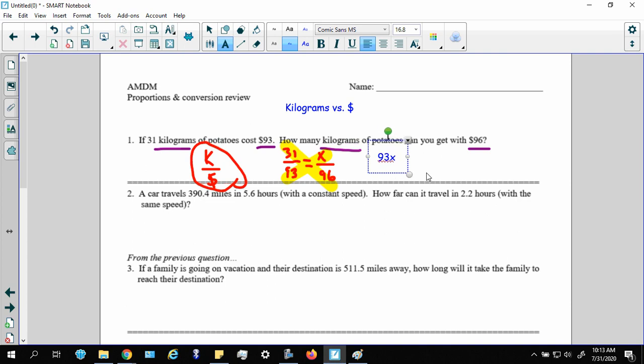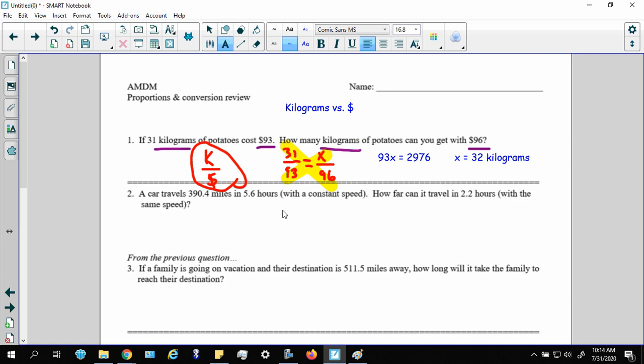It'd be 93x is equal to 2976, and then I'm going to divide by 93, and my answer is going to be x is equal to 32 kilograms. Pretty simple. All right, let's see what we have here.